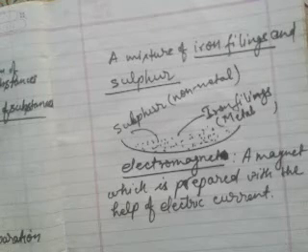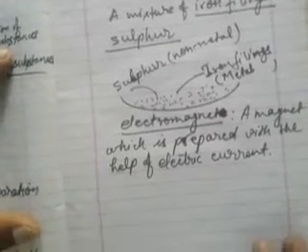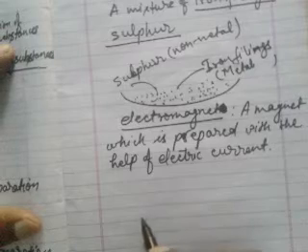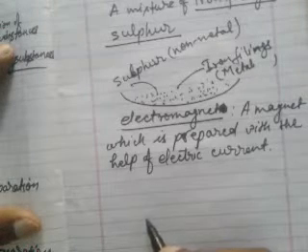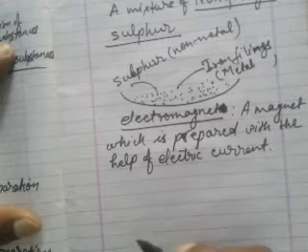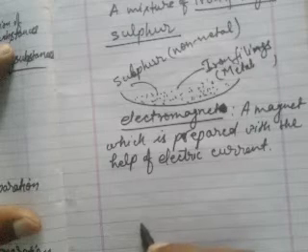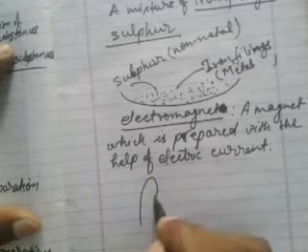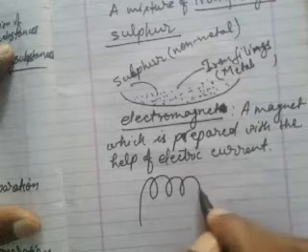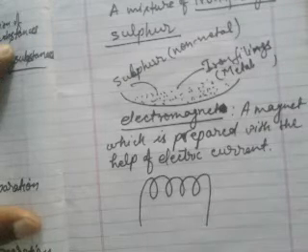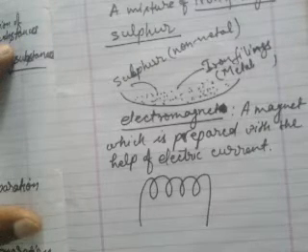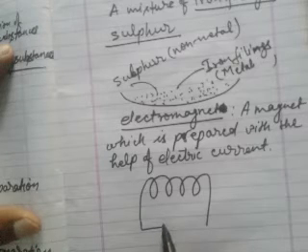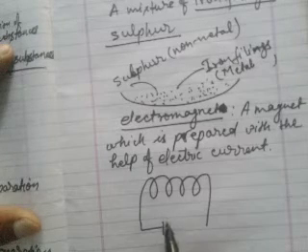How can we make an electromagnet? Suppose that we take an iron, copper or aluminum wire and we twist the wire in this way, and here we connect a battery or a cell.